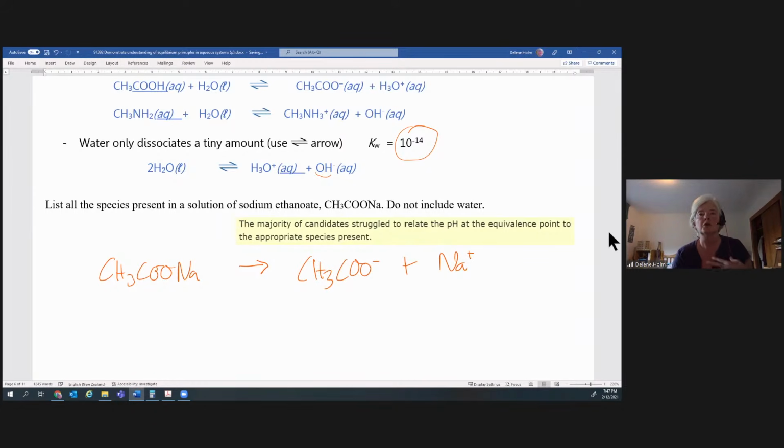And now you go, oh, one of the things I have to know, remember how I started off? These are the strong acids, strong bases, weak bases. This is a weak base you need to know. So you know that this is a weak base, so it will react with water. Please put in states, and now it's an equilibrium arrow.